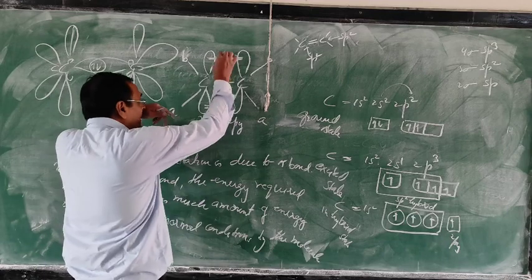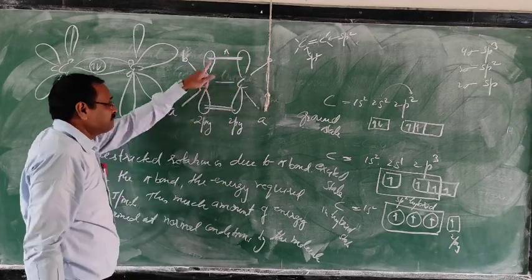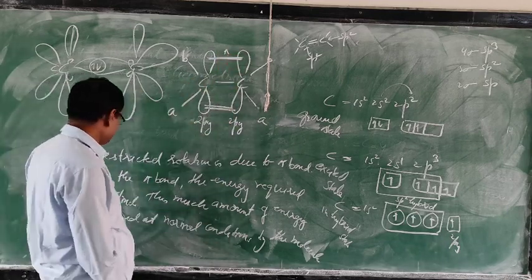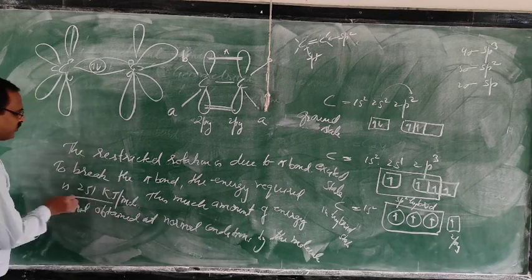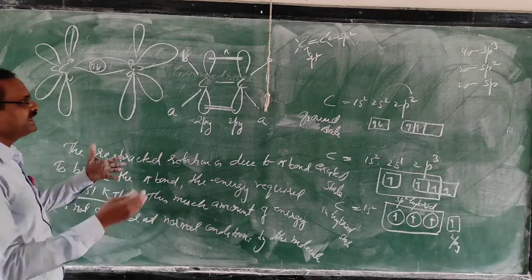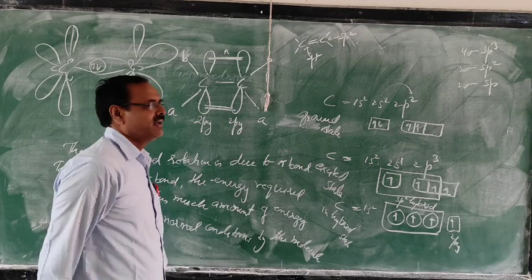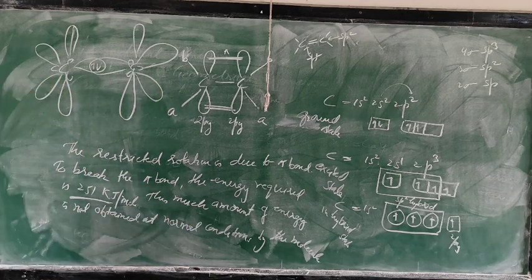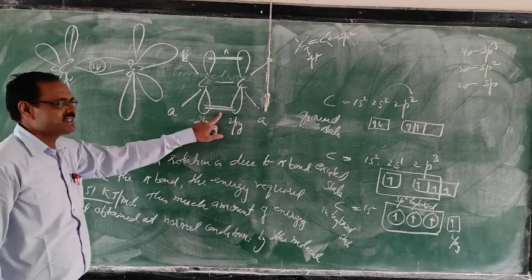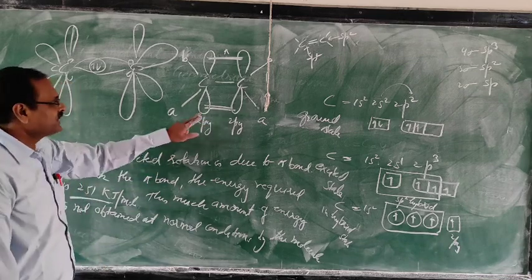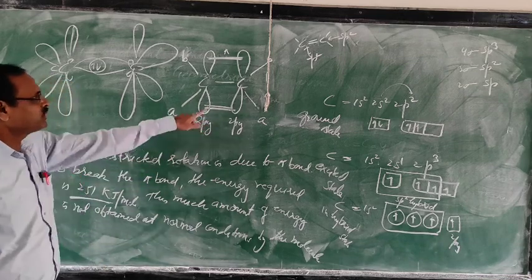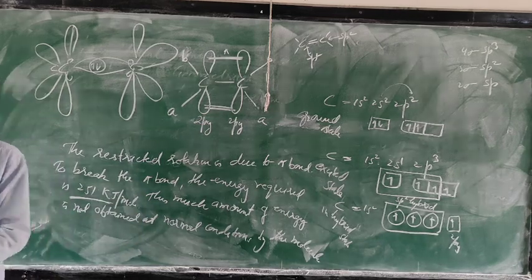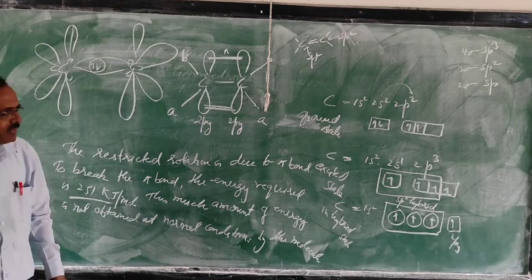This is the pi bond. To break this pi bond, 251 kilojoule energy is required, and this much energy cannot be obtained by the thermal motion of the molecule or by any other method. So that's why hindered rotation is there, and because of this hindered rotation, they give cis-trans isomerism.